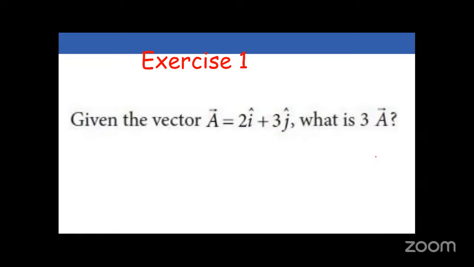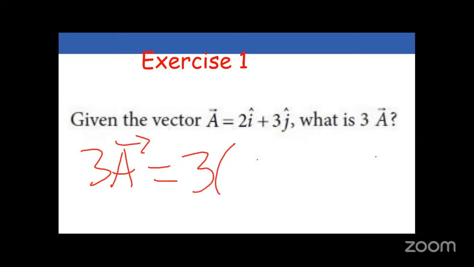So what will be our answer? What to do here is 3 is going to multiply 2i. So our 3A becomes 3 times (2i plus 3j).